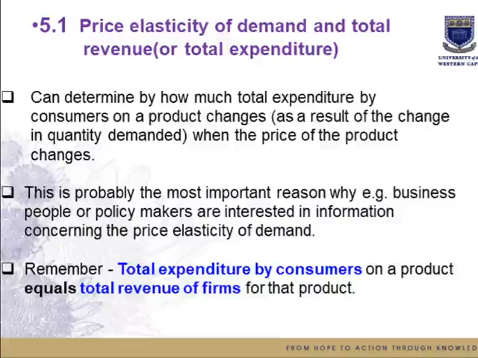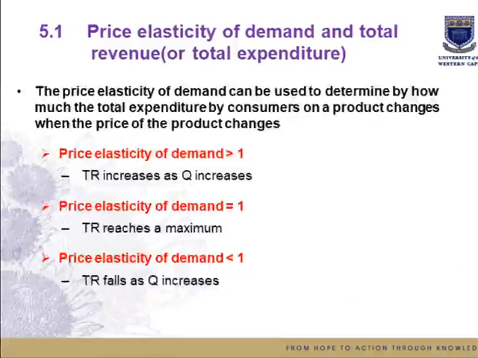Furthermore, we know that there is a negative relationship between the price of the good and the quantity demanded. This means that if there is a change in the price of a product, the quantity demanded changes in the opposite direction. Therefore, the effects of a price change on revenue depend largely on the relative size of the change in price and quantity demanded.